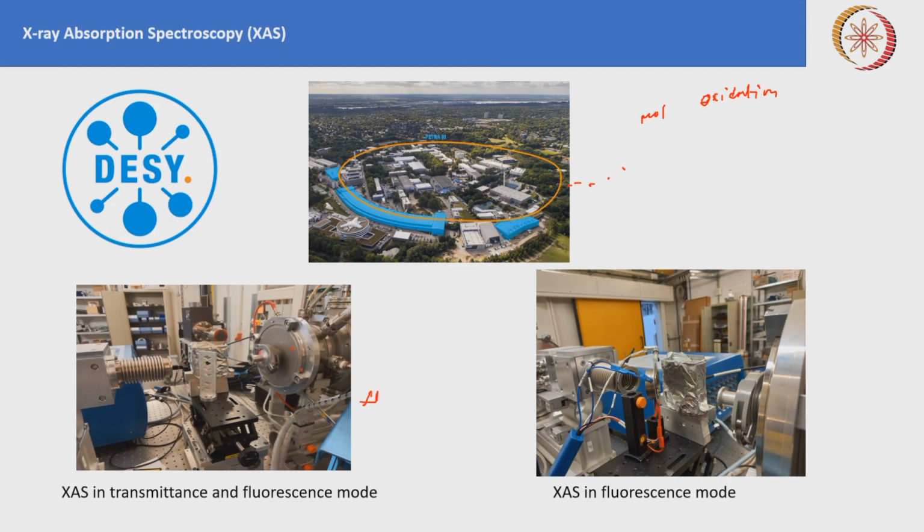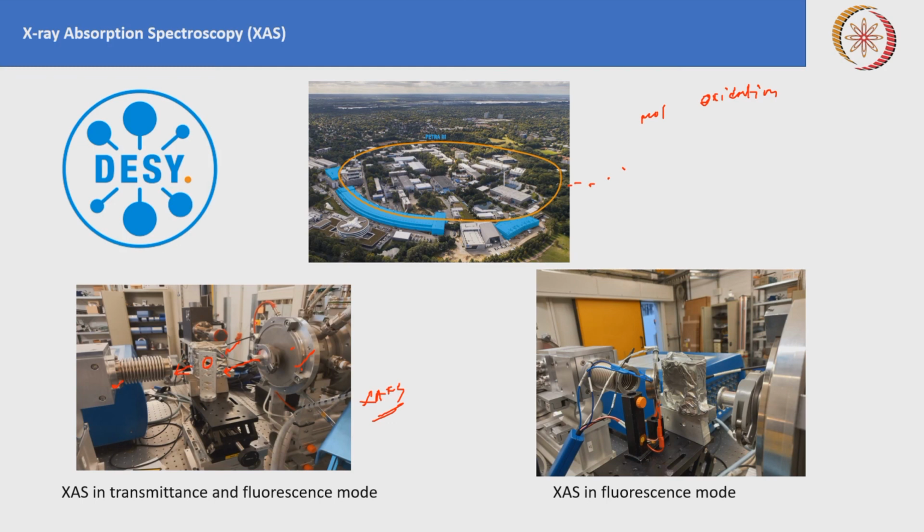This is in Germany. And this is the setup of X-ray absorption, I think the XAFS measurement. This is the source and this is the transmission detector. If you want to measure in fluorescence, this is the fluorescence detector, and here is the sample.